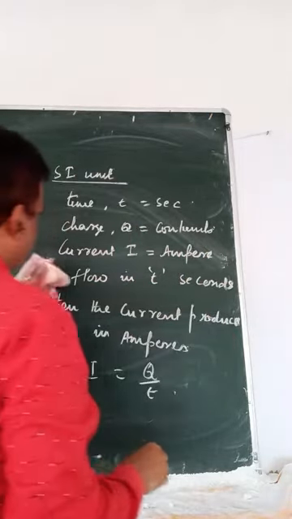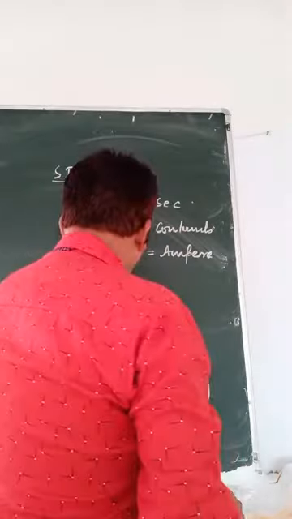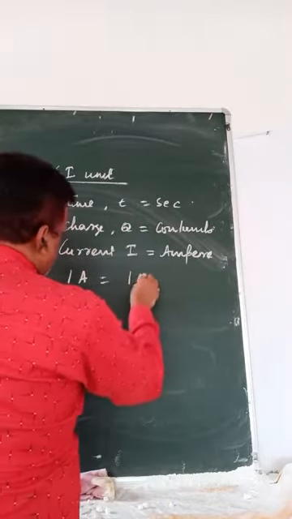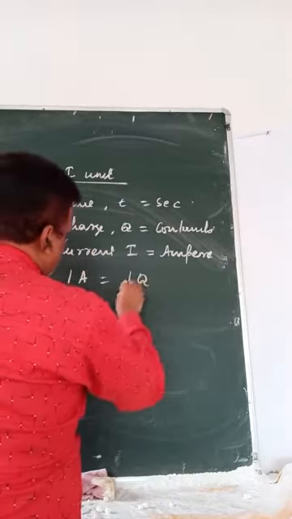So when I write 1 ampere, that is 1 coulomb per 1 second. How will you define it?